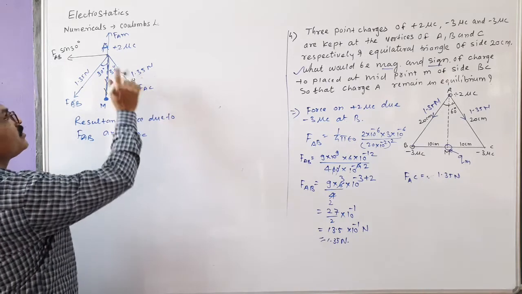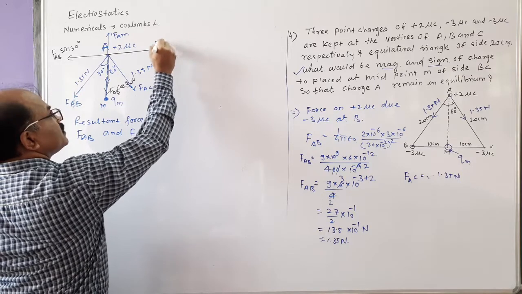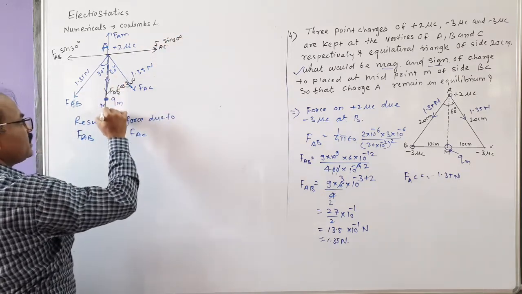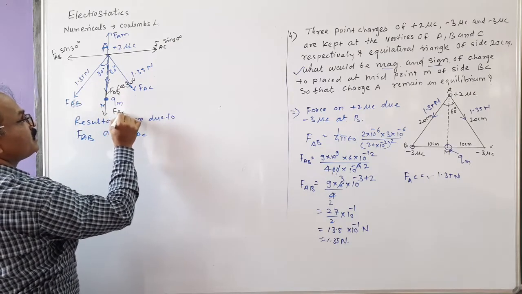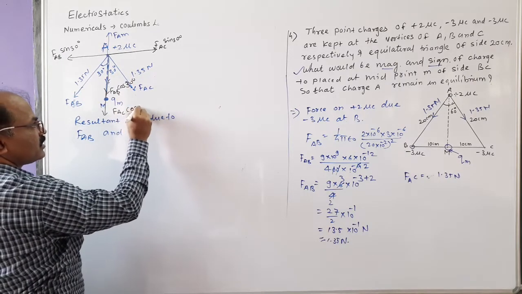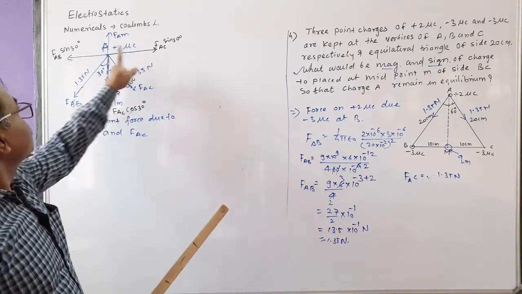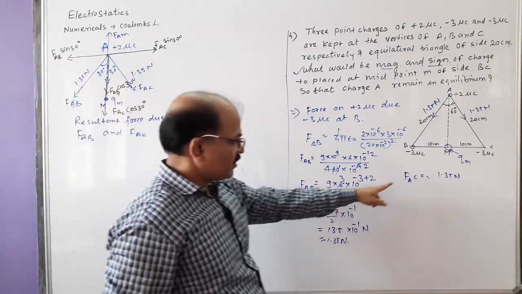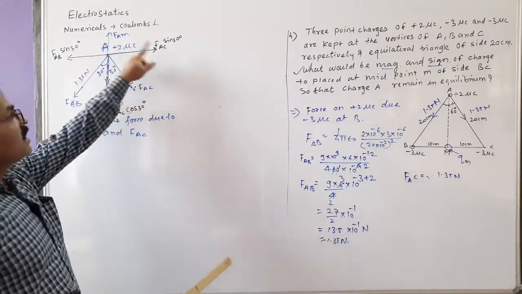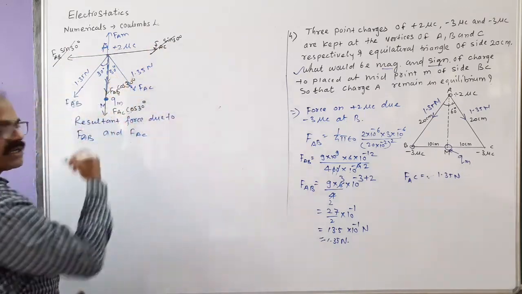Similarly, F AC we can also resolve into two components. Here it will be F AC sin 30, and along this direction F AC cos 30 degrees. So these two are equal, F AC equals F AB. The sin 30 components are equal and opposite, they will cancel each other, but the cos components get added.